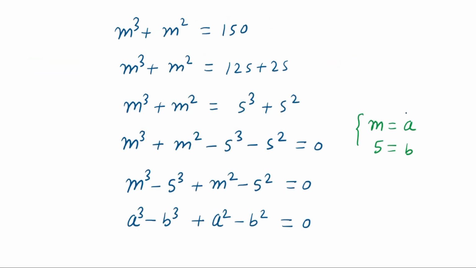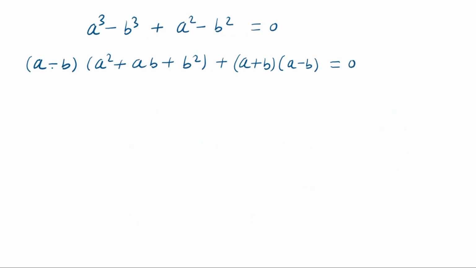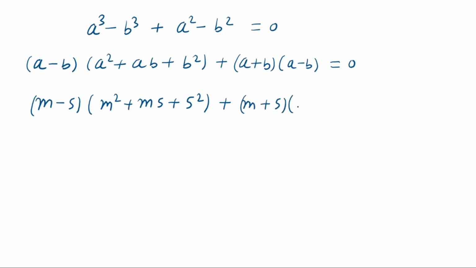Here the value of a is m and the value of b is 5. So here (m - 5) multiplied by (m^2 + 5m + 5^2) plus (m + 5)(m - 5) equals 0.